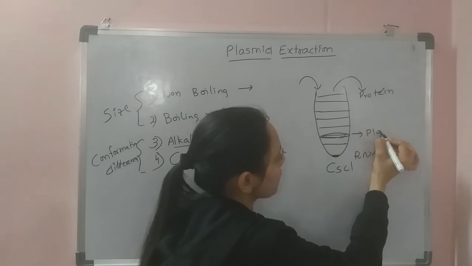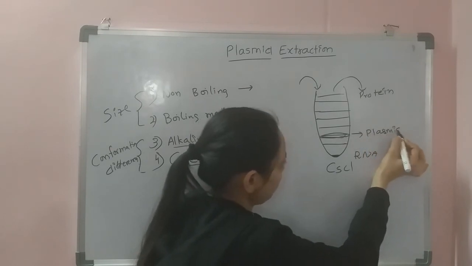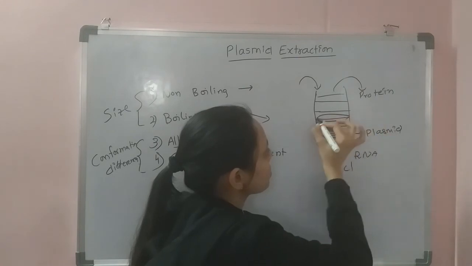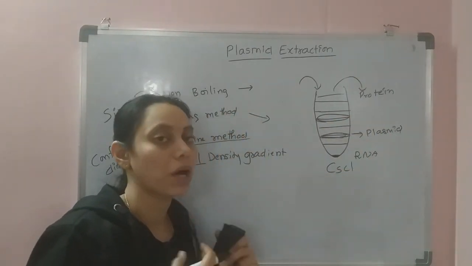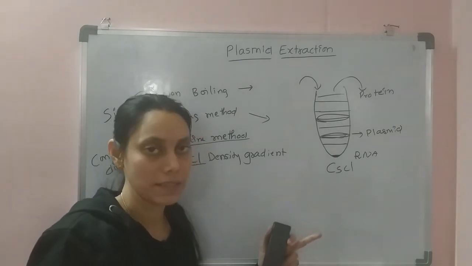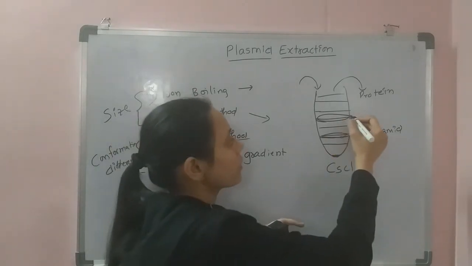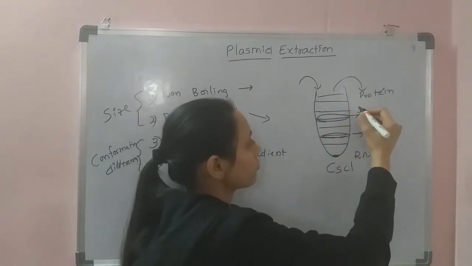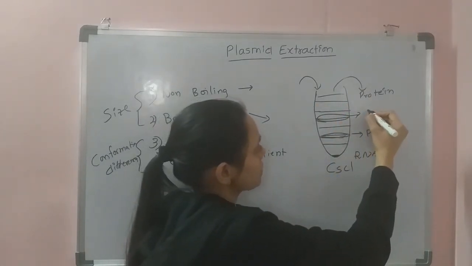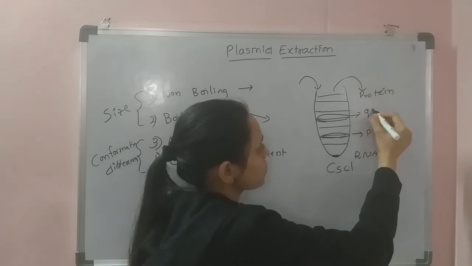So that will be the plasmid, and the genomic DNA, which lost its bond density, may not migrate well in the cesium chloride density gradient. So that will be settled at the top layers of the centrifuge tube. That means this is genomic DNA.